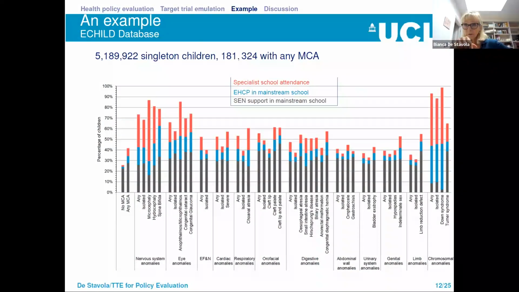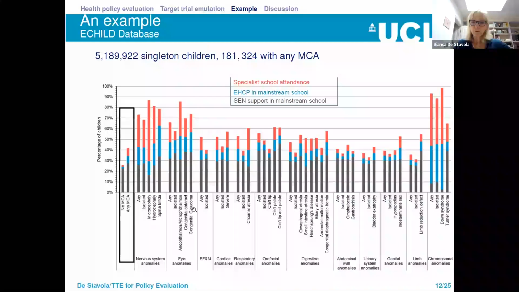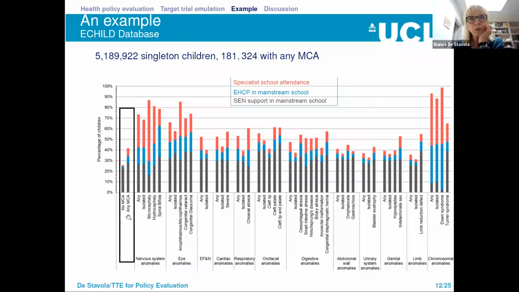So this slide, you've seen it last week. Let me just focus on the left-hand side, the provision I was just describing. This is the 25% of children with no major congenital anomalies receiving SEN support of some type, while this is the distribution of the 40+% of children with any MCA.